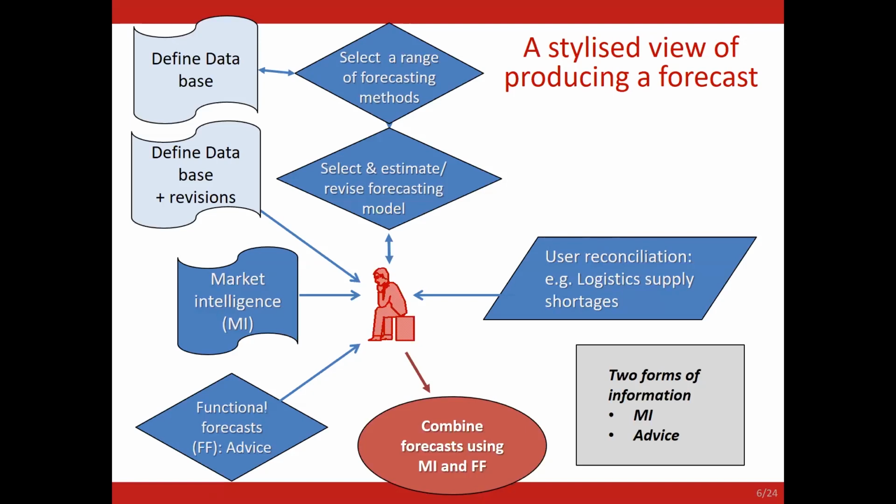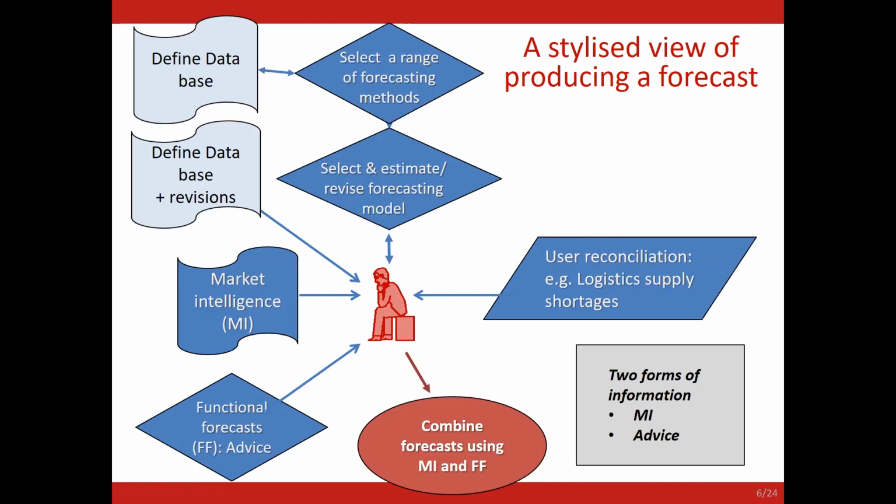Once you know a bit about the data, that starts to tell you about the range of forecasting methods that you need to consider. And as I've mentioned, it's a wide range, a widening range even, with the development of artificial intelligence and machine learning methods. So you've got a rapidly developing range of sometimes really very abstract, complex methods.